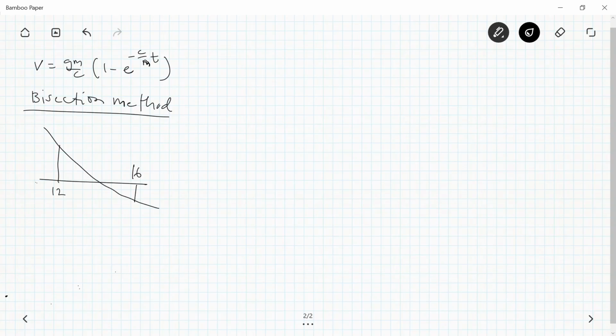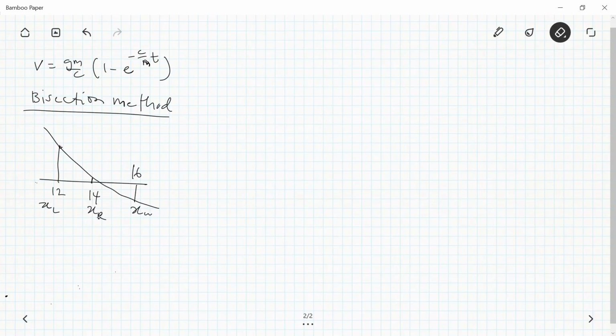My XR is 12 plus 16 divided by 2, which is 14. Take note that this is XL, XU, and this is my XR.